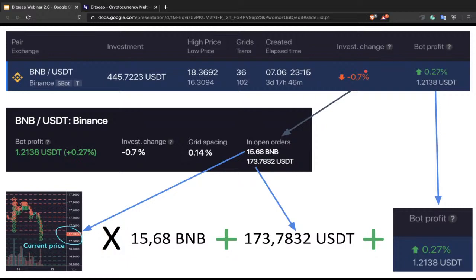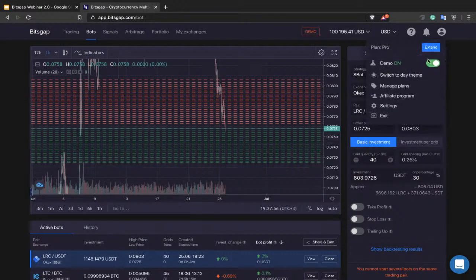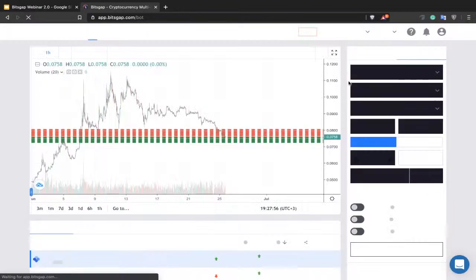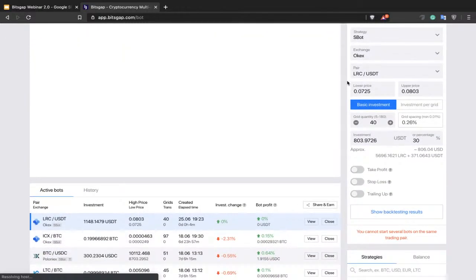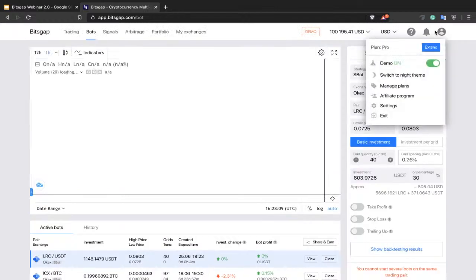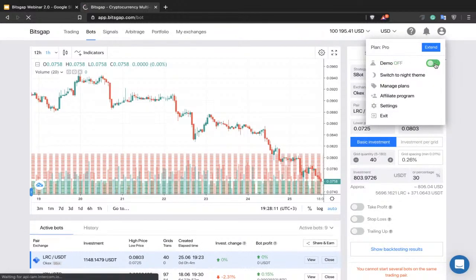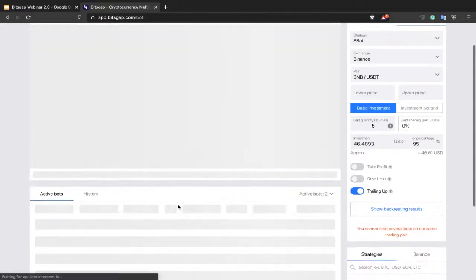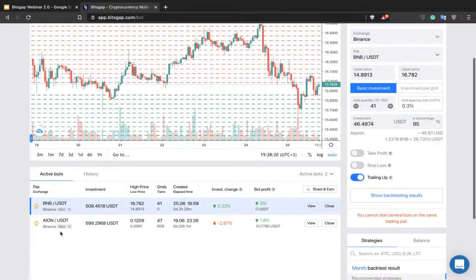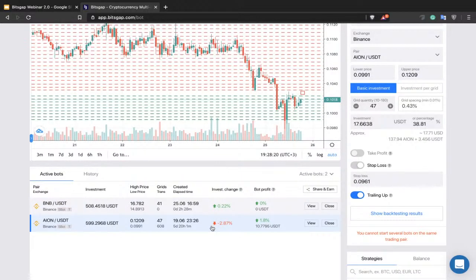So, like in my example, I'm showing you on my real account now, I have ION trading to USDT. So let's just switch back to my real account. Yeah, I think I just misclicked. So once again, switch off demo mode. Yeah, so here we go, ION, all right.